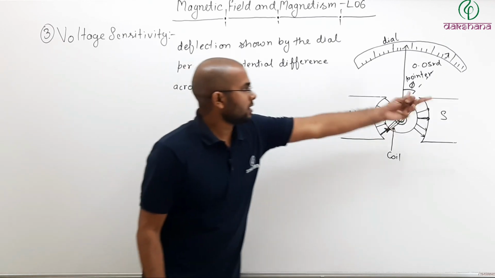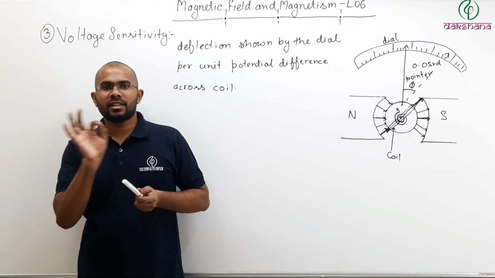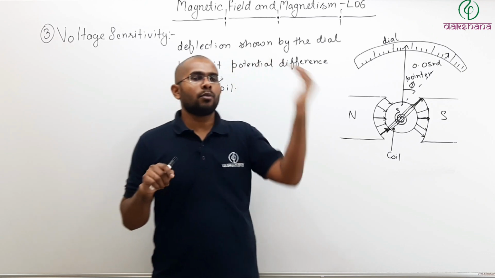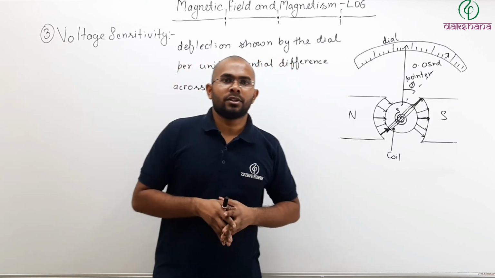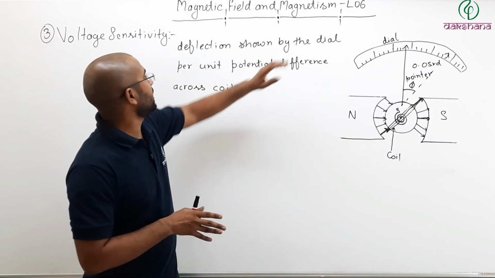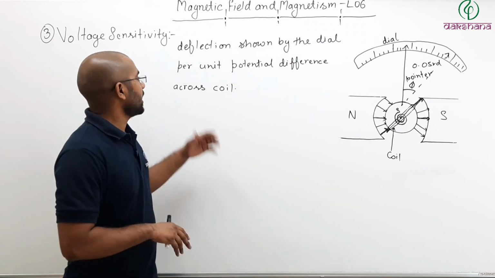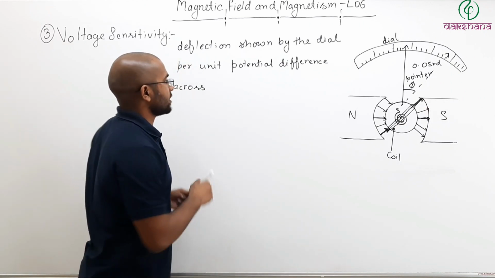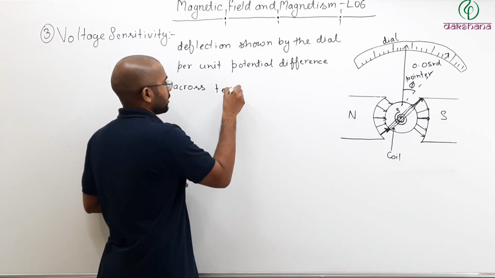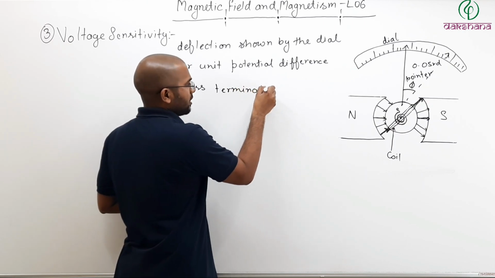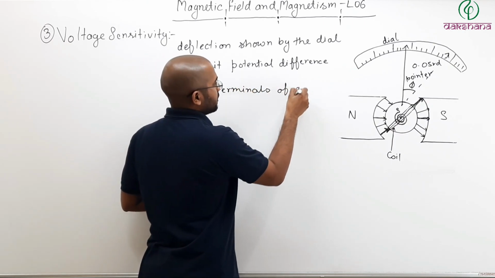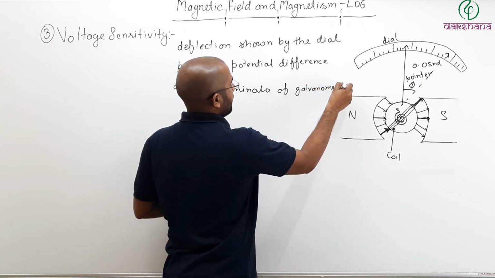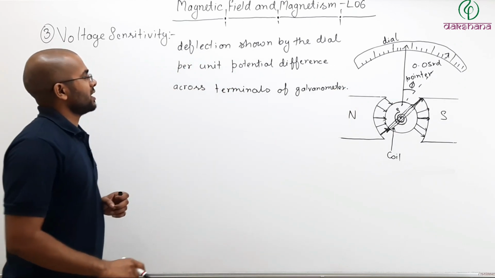So this is the coil. How much potential difference is there across the terminals of your galvanometer and how much deflection it is showing. So the deflection shown by the dial per unit potential difference across the coil, or you can also write across the terminals of your galvanometer. Across the coil or across the terminals, both are the same thing. Now how do we measure this?